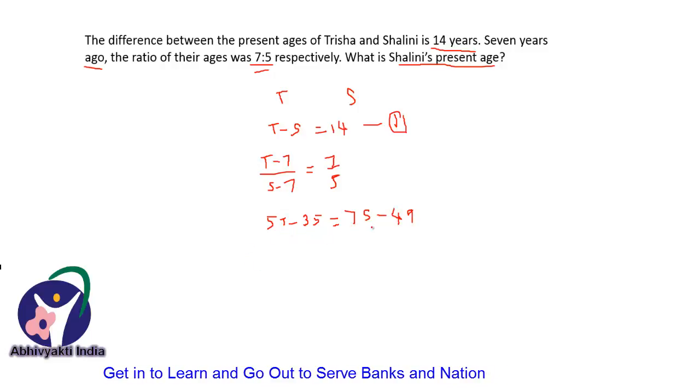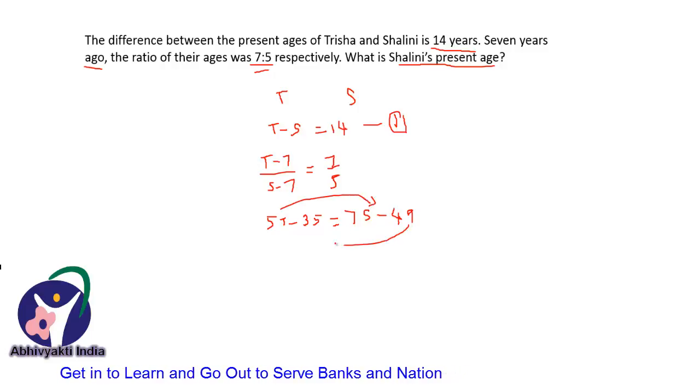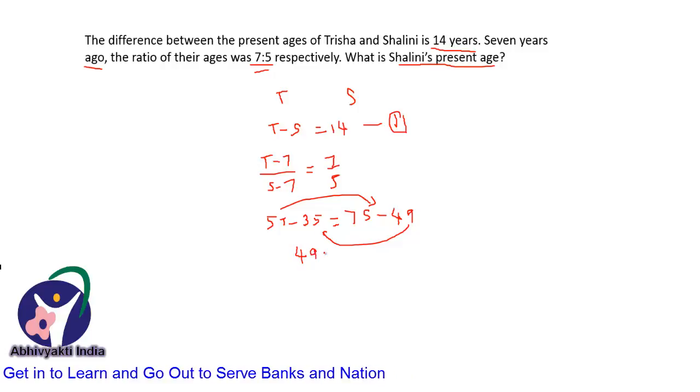And if you take 5T to this side and 49 to this side, you will get 49 minus 35, that is equal to 7S minus 5T.